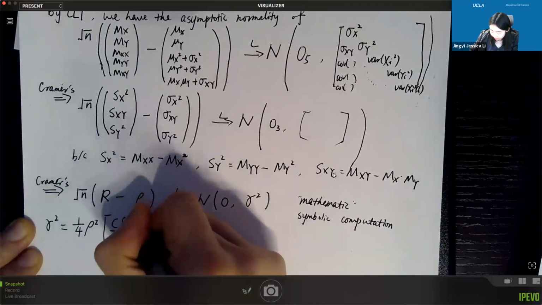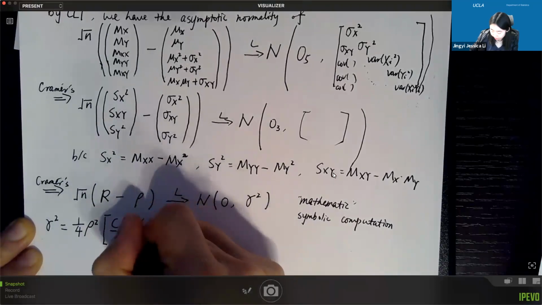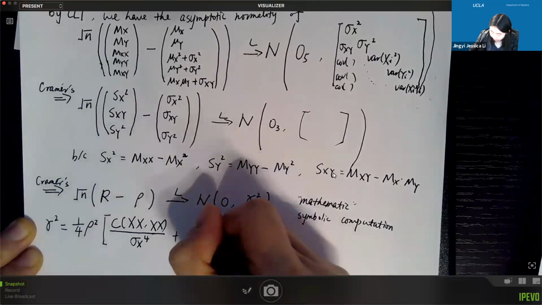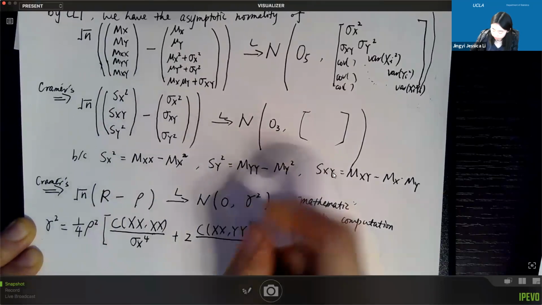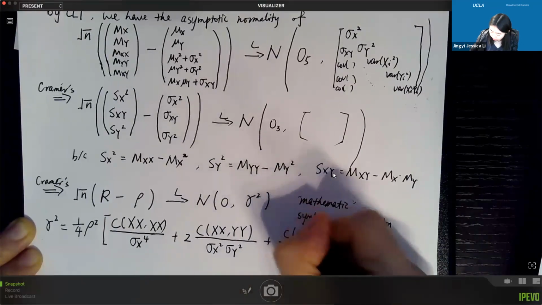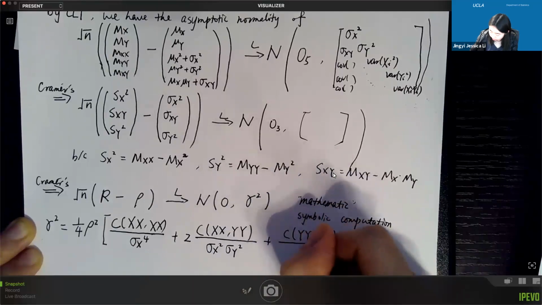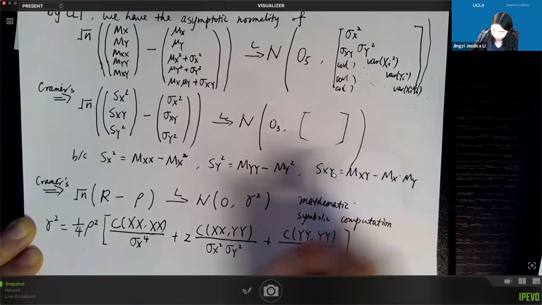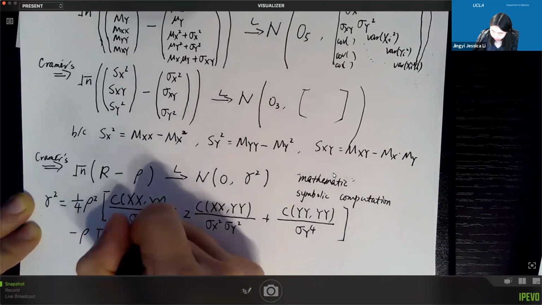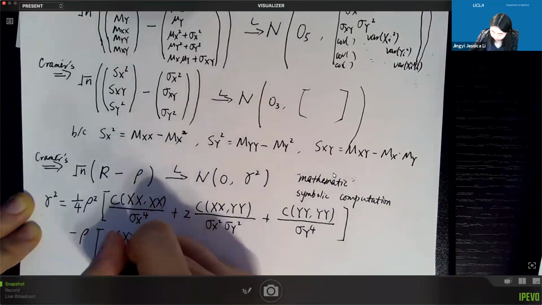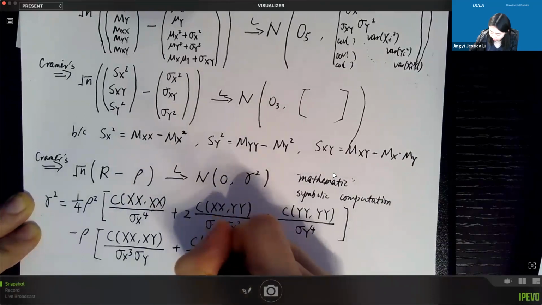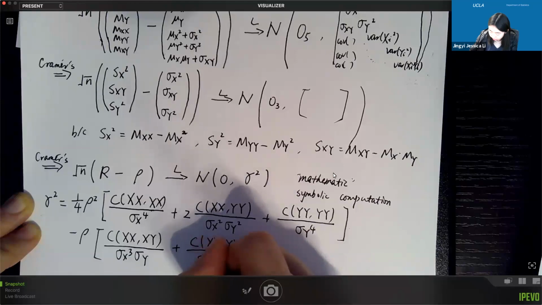We call Cxxxx over sigma x fourth. So that's the x variance squared, plus 2 Cxxyy over sigma x squared sigma y squared, plus Cyyyy over sigma y fourth, minus rho times, Cxxxy over sigma x cubed sigma y, plus Cxyyy over sigma x sigma y cubed.